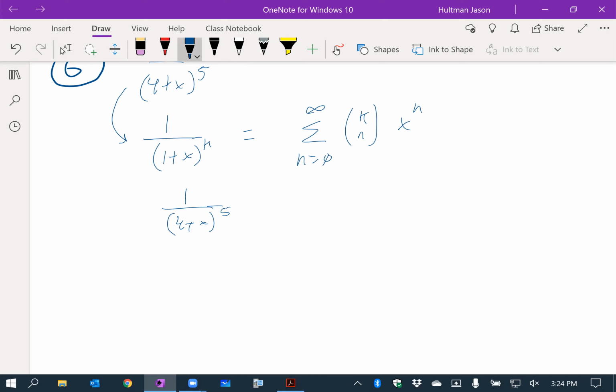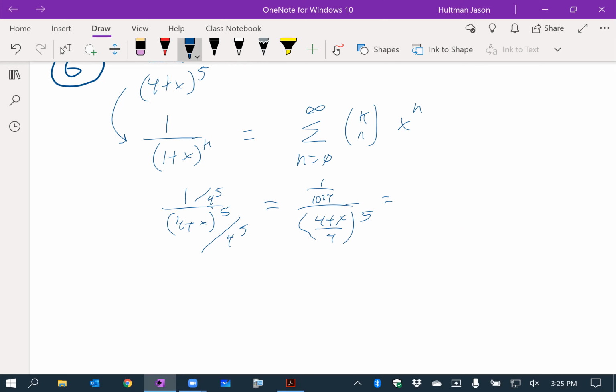Yes, divide the top by 4 to the 5th power and divide the bottom by 4 to the 5th power. Okay, so why would I do that? Well, this becomes 1 over 4 to the 5th power, which is 1024. And then this thing I can bring inside now, and this becomes 4 plus x over 4, all to the 5th power, right?